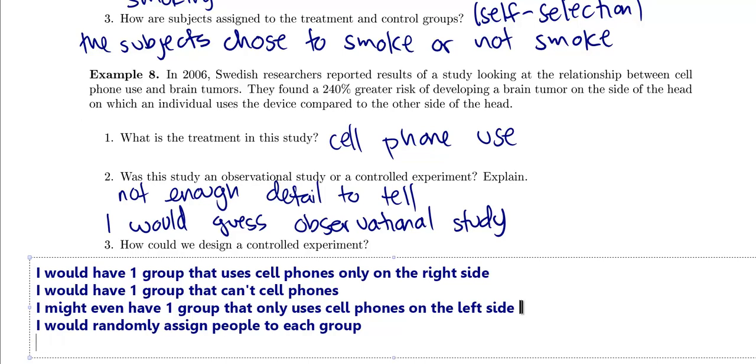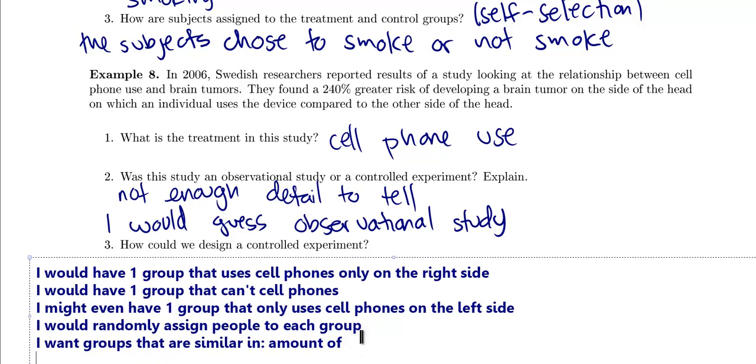And because I'm randomly assigning them, that helps me get groups that are similar in the amount of time spent on the phone. Or maybe you could actually control that, and tell people you're only allowed to spend 20 minutes on the phone or 2 hours, whatever you might want.